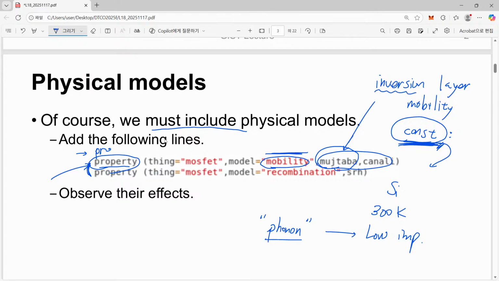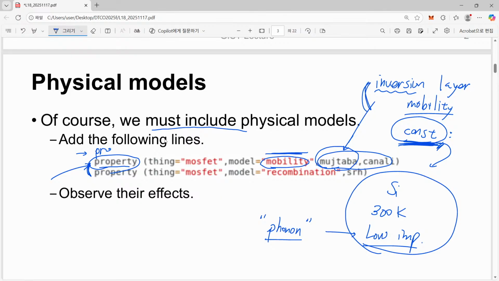Electrons inside the inversion layer suffer from additional scattering mechanisms, so it is known that its mobility value is somewhat lower than that of the quite lucky case, almost no impurity and quite pure material. And yes, this is a bulk, so this is the best case, and this is a more critical case.